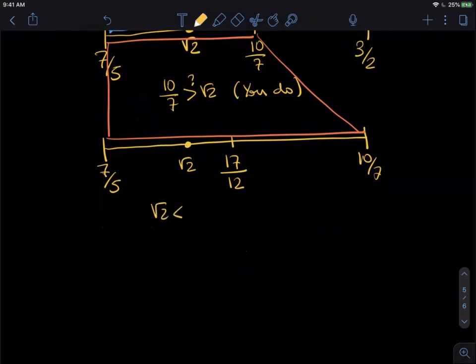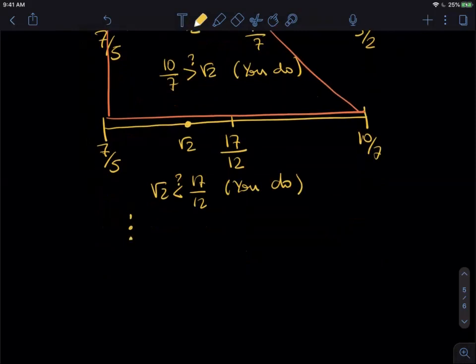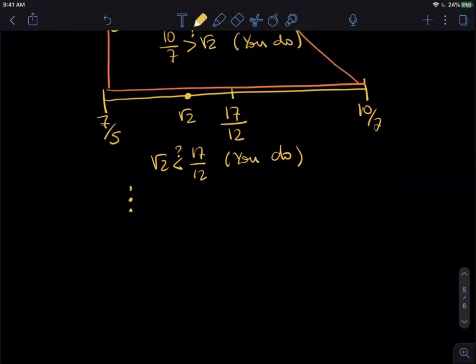Square root of 2 less than 17/12? You do. And we can keep going for as long as we want. I did this for a few more rounds. What I got was 41 divided by 29 less than the square root of 2 less than 17 divided by 12.